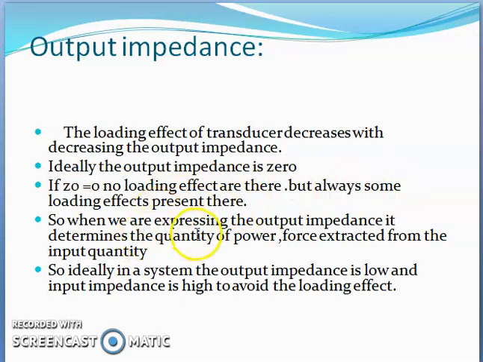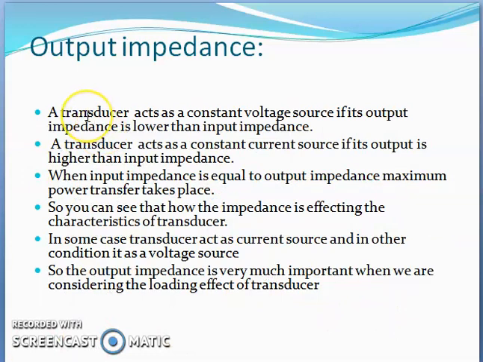So when we are expressing the output impedance, it determines the quantity of power extracted from the input quantity. Ideally in a system, the output impedance is low and input impedance is high to avoid the loading effect. A transducer acts as a constant voltage source if the output impedance is lower and the input impedance is high.